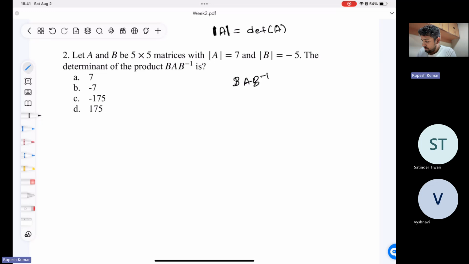A B inverse is, right? So what is the determinant of A times B inverse? I hope every one of you remembers the properties of determinants, as that will help us solve the problem.